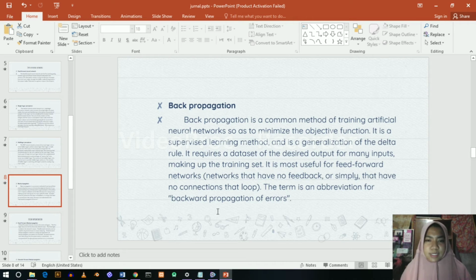It requires a dataset of the desired output for many inputs, making up the training set. It is most useful for feed-forward networks, networks that have no feedback or simply that have no connection that loops. The term is an abbreviation for backward propagation of errors.